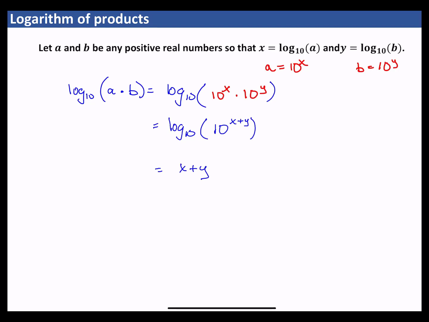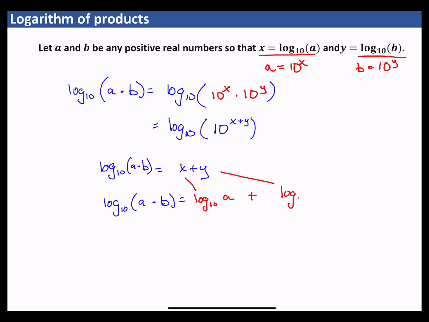In other words, we can say that log base 10 of a times b equals x plus y. And finally, recalling that x equals log base 10 of a and y equals log base 10 of b, we have shown that log base 10 of a times b equals log base 10 of a plus log base 10 of b. And this is true for any choice of positive real numbers a and b.